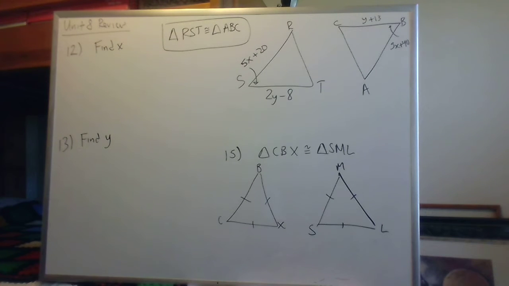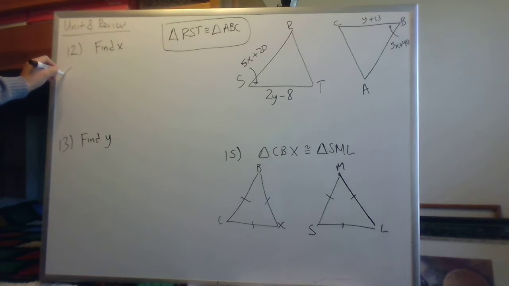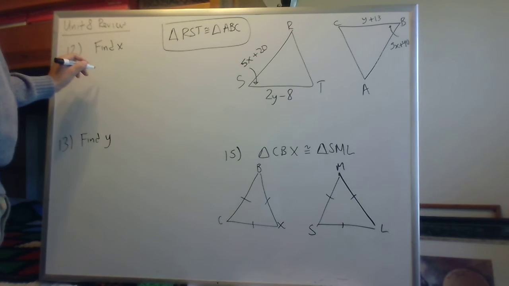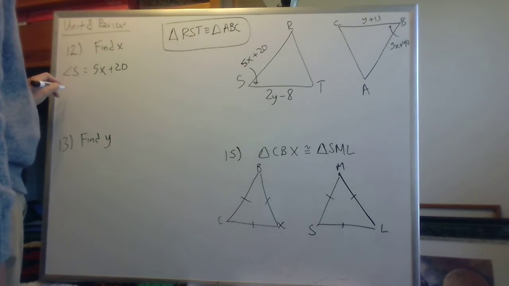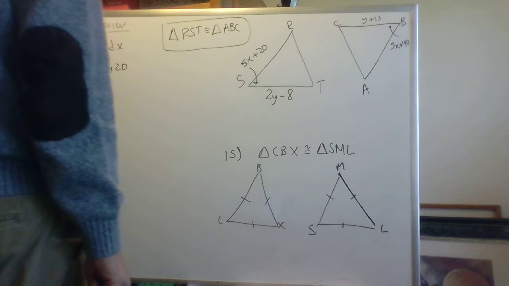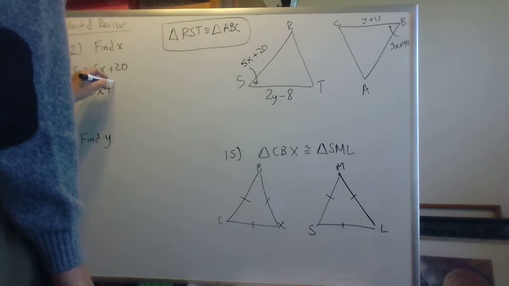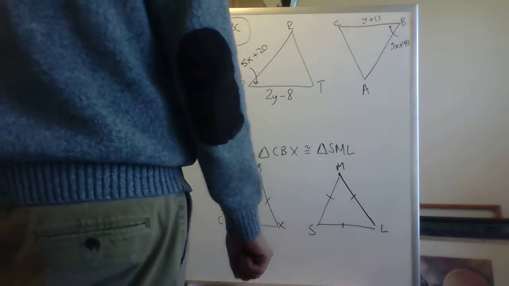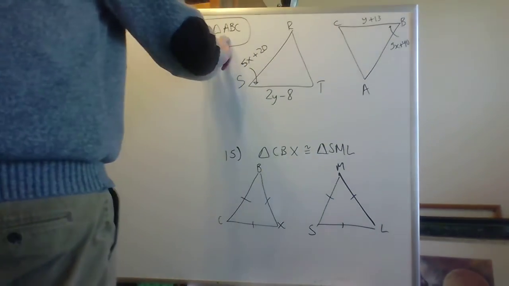So the first thing it wants you to find is x. We know that angle S is equal to 5x plus 20. And then we know that angle B is equal to 3x plus 40. Okay, and we know that these two angles are congruent because these two triangles are congruent.